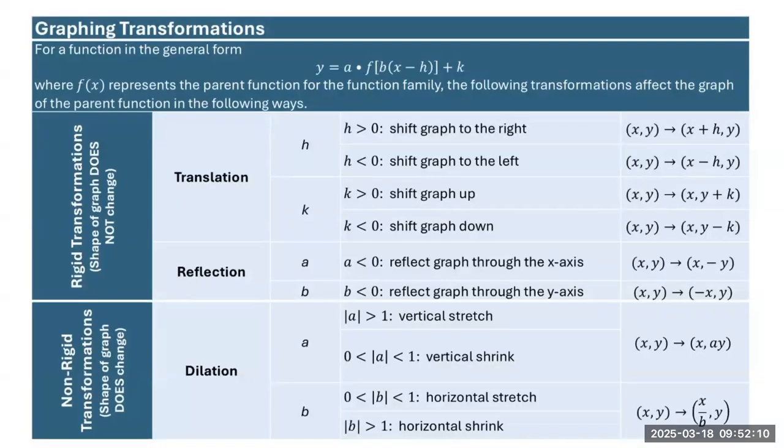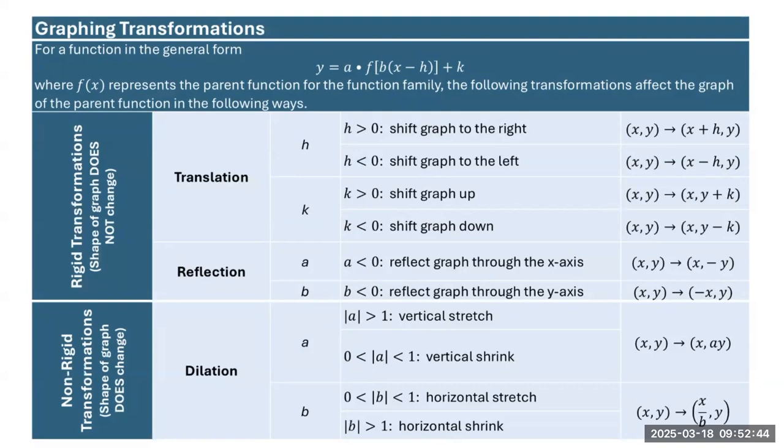In order to talk about graphing different types of functions, starting today with our rational exponent and root functions, we need to take a moment to think about graphing transformations. Now, if you're not familiar with this, or if you've forgotten about this, let me just give you a brief overview, which starts with the fact that for most types of functions, it doesn't matter what type of function it is.